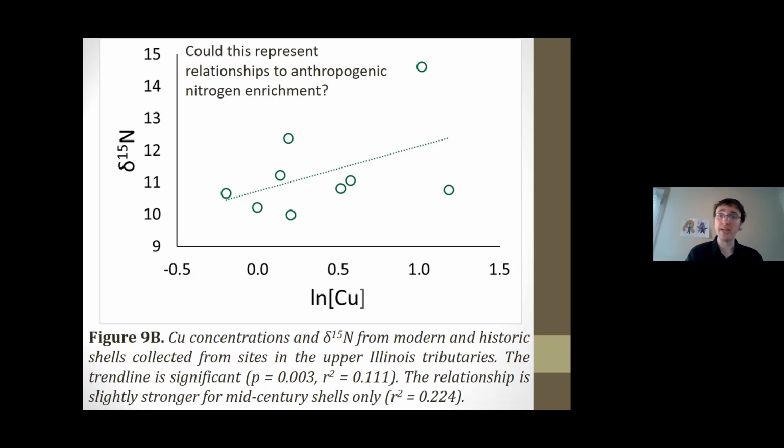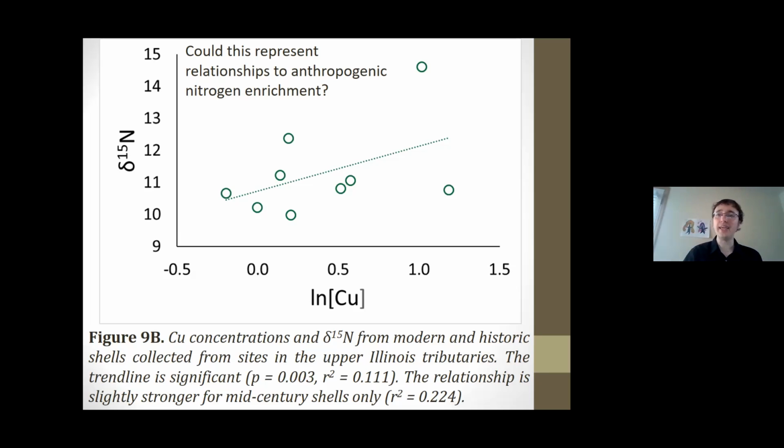This is my theory right now. And as that matter is being incorporated in the shell, we know from past studies that copper tends to bind really closely to that organic matter. And if more organic matter is incorporated into the shell, then we're going to see a higher copper concentration that's going to match that enrichment of nitrogen 15 from a nutrient enrichment from sewage and other human sources.